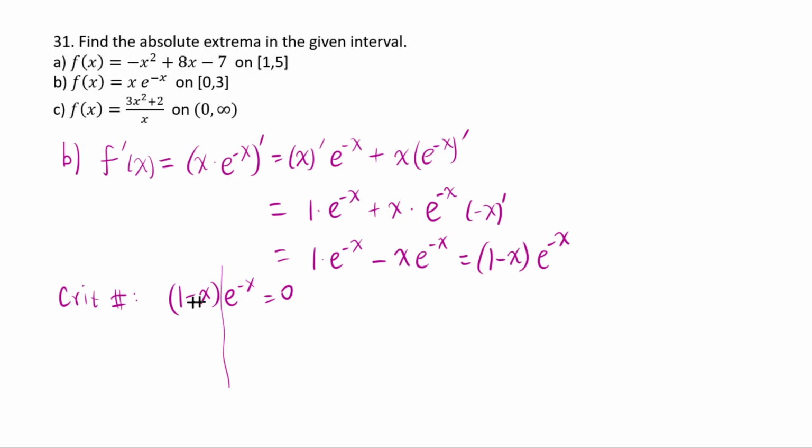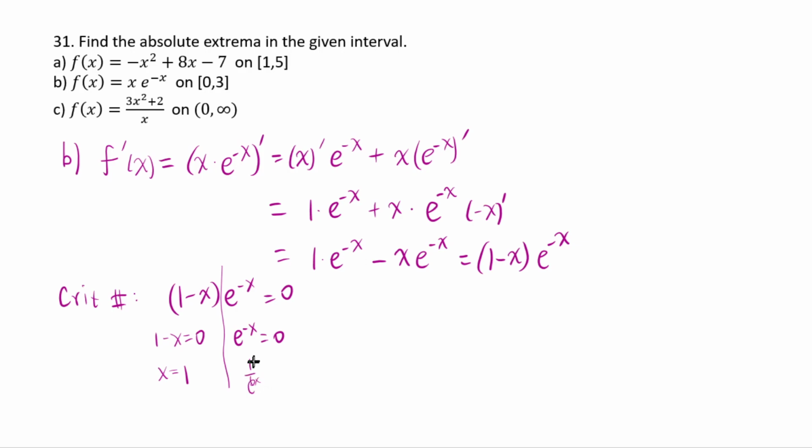And when one or more things multiply to 0, the only way that can happen is when individual things multiply to 0. So either 1 minus x is equal to 0 or e to the negative x is equal to 0. Now this one happens when x is 1, whereas this one, well, the left side is 1 over e to the x, and e to the x is never 0. e to the anything is never 0, actually.